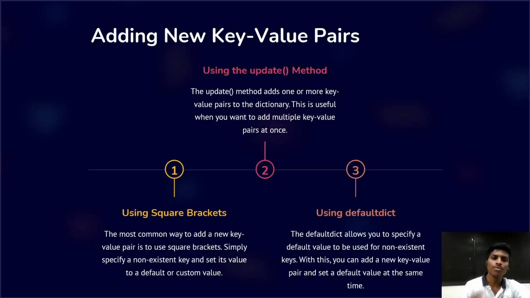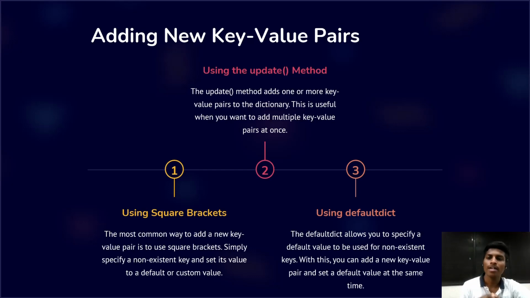Next, adding new key-value pairs. When we use the update method, it adds one or more key-value pairs to the dictionary. This is useful when we want to add multiple key-value pairs at once.